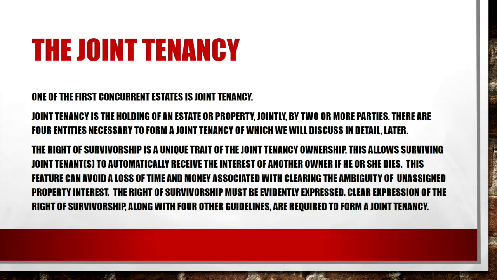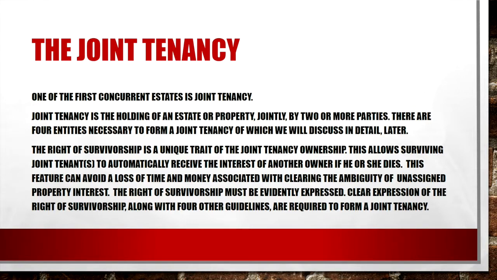One of the first concurrent estates is joint tenancy. Joint tenancy is the holding of an estate or property jointly by two or more parties. There are four guidelines necessary to form a joint tenancy, of which we will discuss in detail a little later. The right of survivorship is a unique trait of the joint tenancy ownership. It allows surviving joint tenants to automatically receive the interest of another owner if he or she dies.